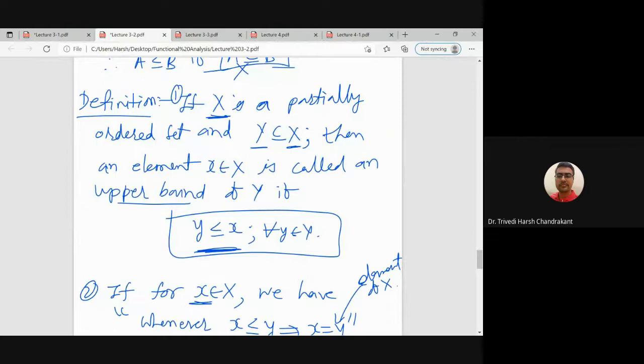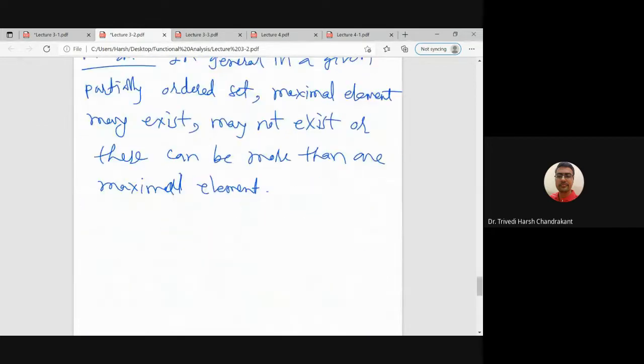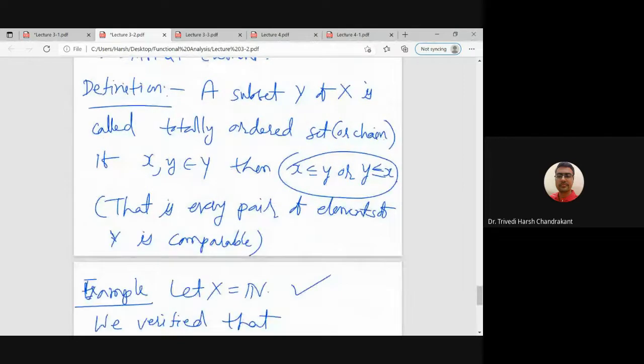Then we discuss the definition of upper bound with respect to a partial order relation, and maximal element. And Zorn's lemma, where we discuss the definition of a chain. A chain means that for any two elements in that set, either x is less than or equal to y, or y is less than or equal to x.